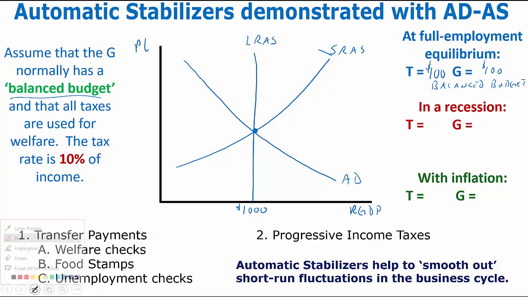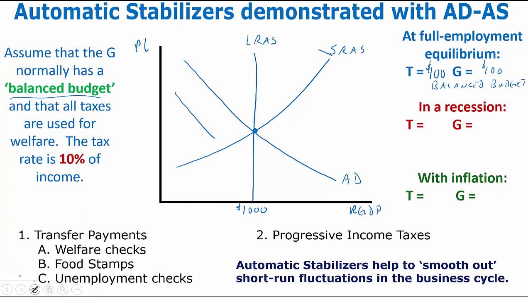Now, what if we go into a recession? So aggregate demand falls. Whoops, I want that in red so you can better see it. Aggregate demand falls. Now we have a new level of GDP. Let's say it's 900. So now taxes are only 90 because it's still 10% of income.